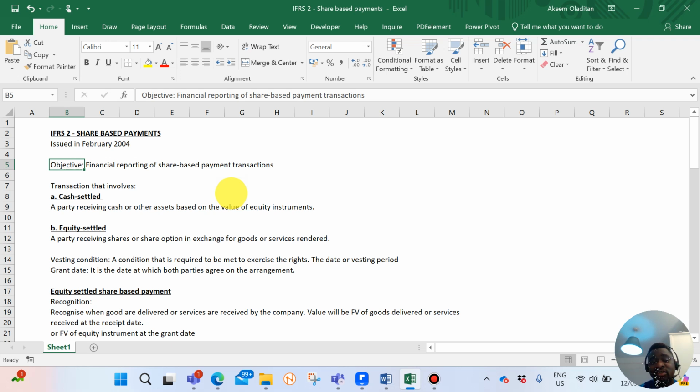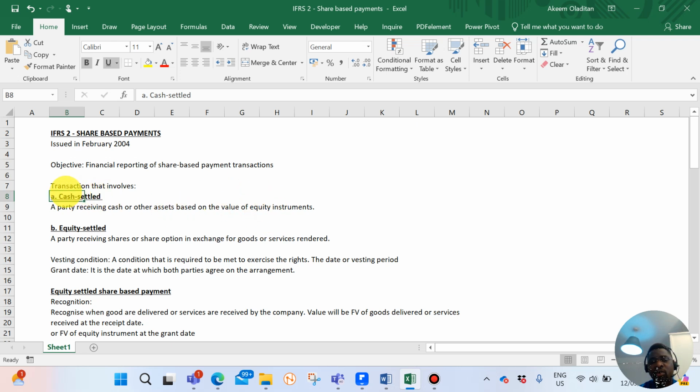share-based payment transactions and they can be in two different forms. As you can see, it can be a cash settled transaction or it can be equity settled. Cash settled transactions occur when the party that delivers the goods or renders the service has agreed to receive cash, but that cash to be received will be based on the value of equity instruments.